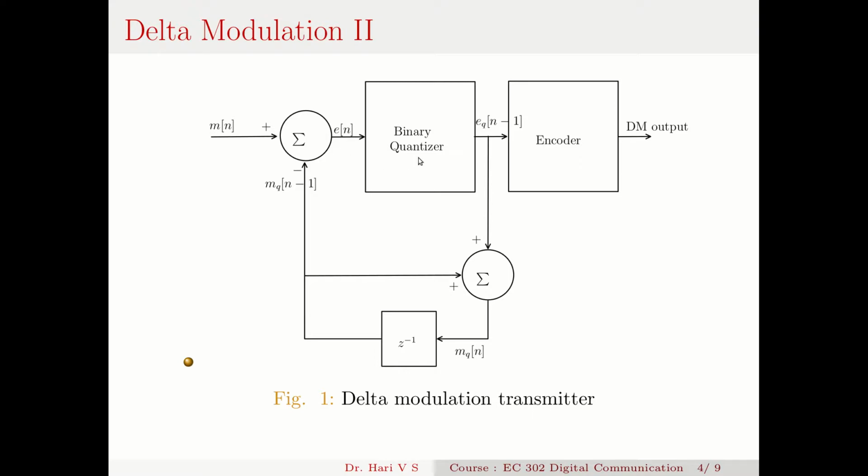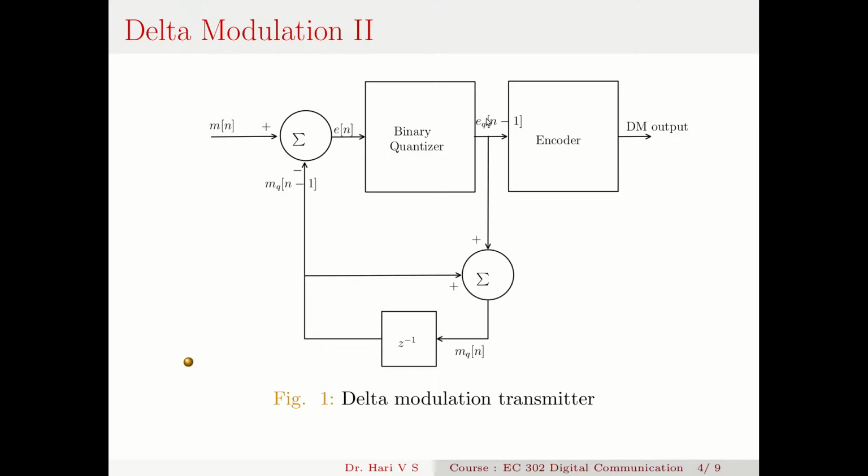And here, in contrast with the DPCM system where I use a logarithmic quantizer, in the case of delta modulation I use a binary quantizer. What this binary quantizer does is, if e[n] is positive, it will reduce the step by 1 delta. If it is negative, then I will have plus delta.